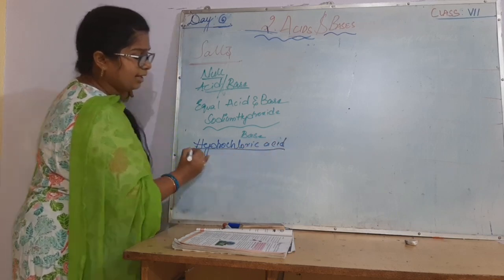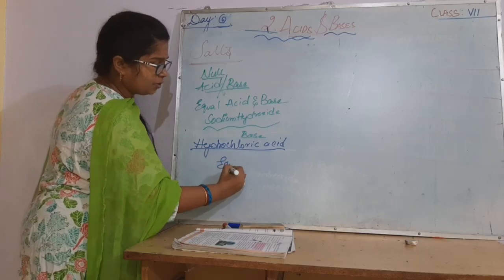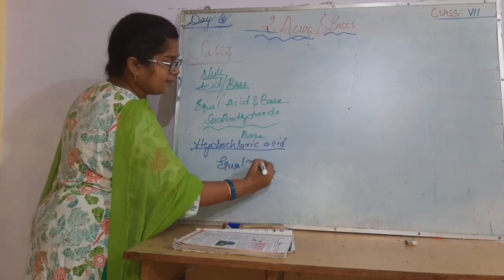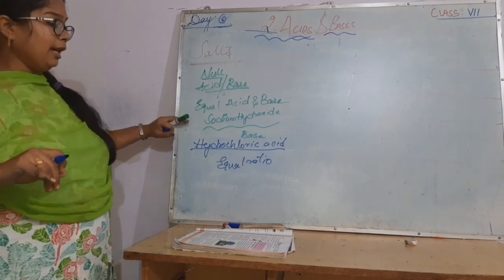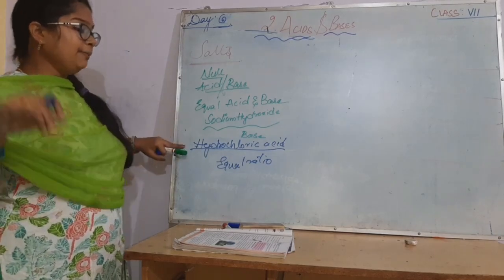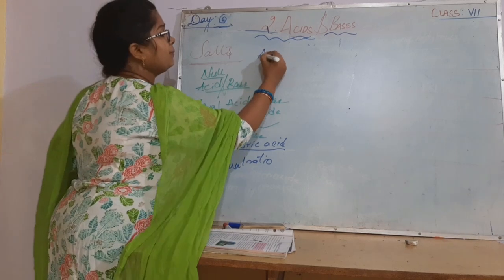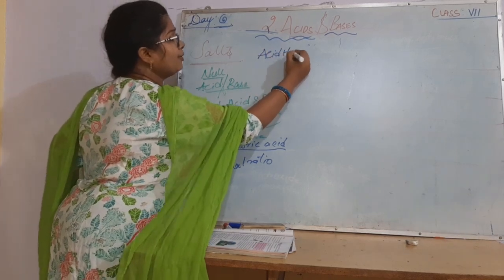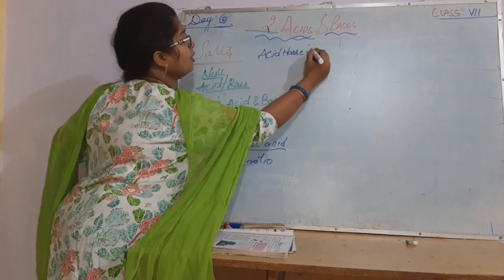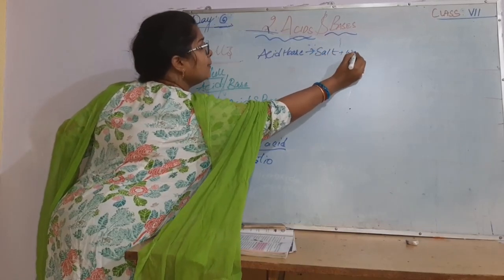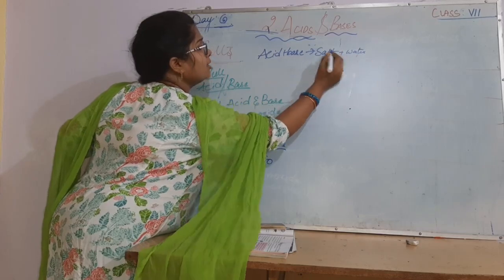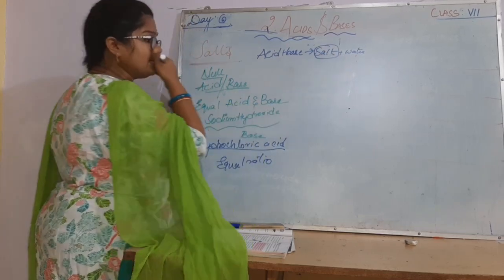Both we have added in equal ratio so that it does not have a basic nature or an acidic nature. So here, when acids and bases are combined in the proper proportion, a new thing is formed, that is nothing but salt, plus water is also formed. In your textbook, it is given that salt is formed.